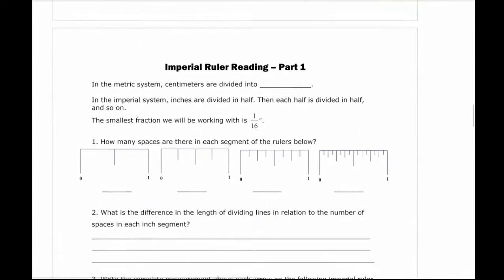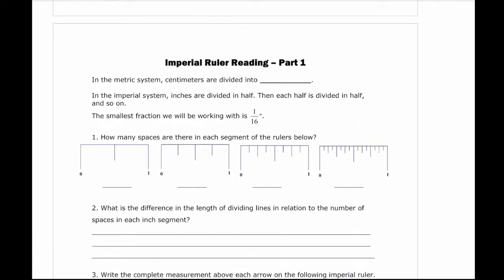The second thing is looking at rulers or reading a ruler, looking at the imperial system. So again, most measuring tapes or rulers have both the metric system and the imperial system on it. Hopefully you're comfortable with the metric system, but there are cases where you will need to use the imperial system.